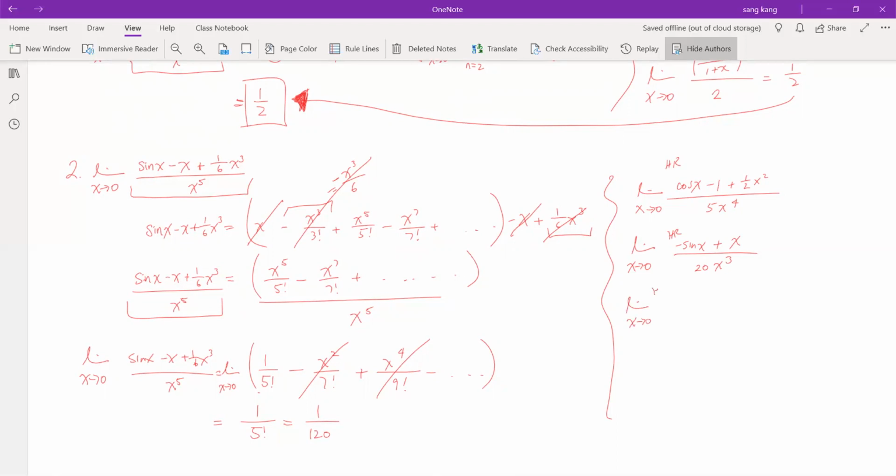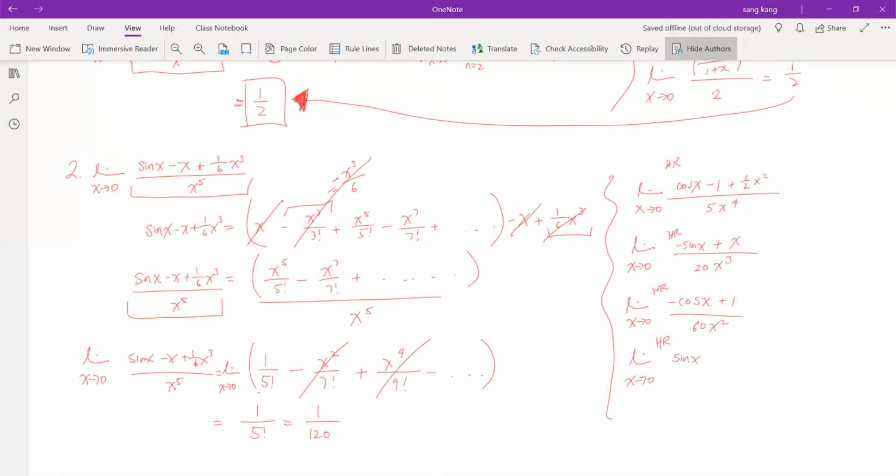So you can do this as many times as you get 0 over 0 or infinity over infinity. So this would be negative cosine x plus 1, over 60x squared. Cosine of x is 1, so minus cosine of x is minus 1. So 0 over 0 again. Let's keep doing this until we get something else. Derivative of cosine will be sine now.